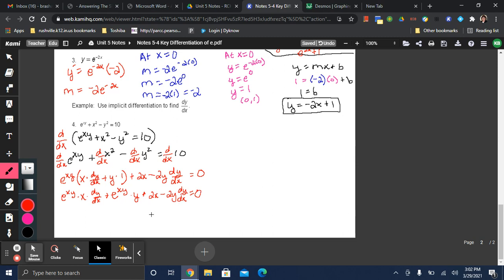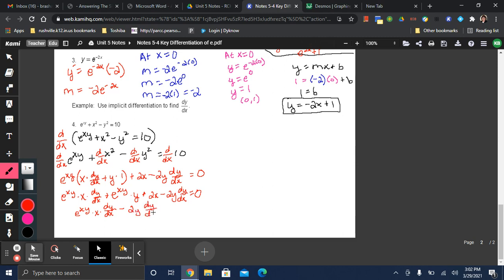Then I want to get the terms that have the dy dx on one side and everything else to the other. So I want to keep on this side the e to the xy times x times dy dx. I want to keep it over here along with the minus 2y dy dx.